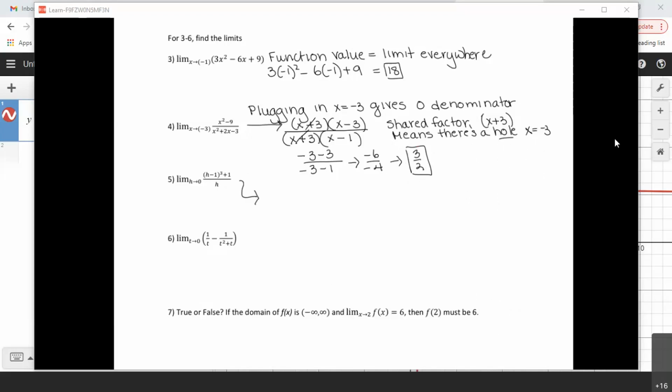Again, there are polynomial factoring apps. There's also polynomial multiplication apps. If you were to FOIL out that cubic, that basically is saying do this, h minus 1 times h minus 1 times h minus 1. If you were to do that, you would get h cubed minus 3h squared plus 3h minus 1.